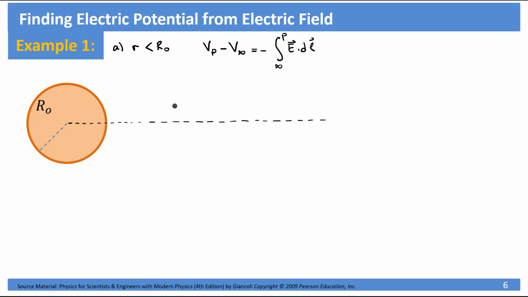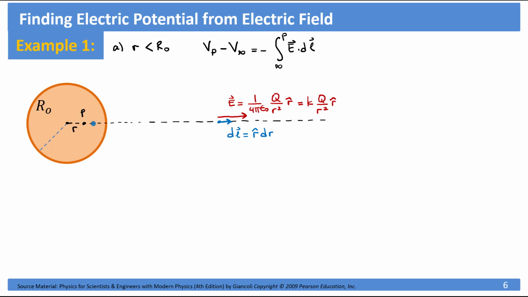So I'm going to come from infinity to point P. Okay, now I guess we can put it in here. So point P is here within the sphere, and I'm going to define r as the distance from the center of the sphere to the point P here. Outside, the electric field and the dl vectors are still going to be the same.